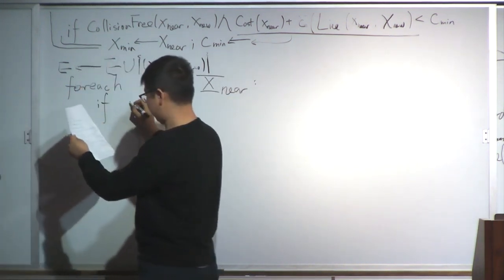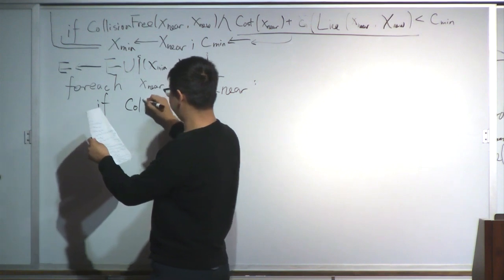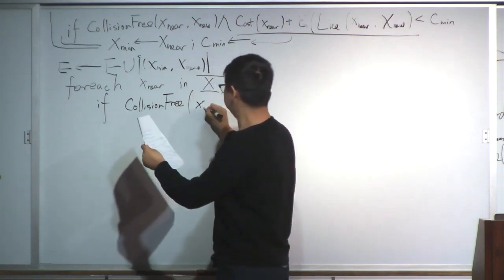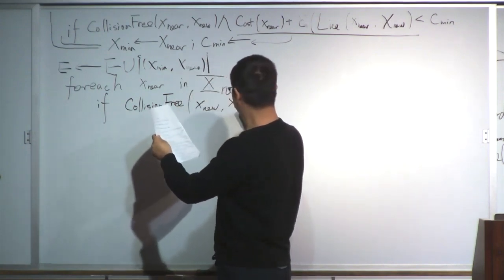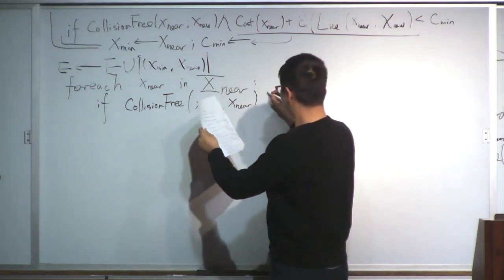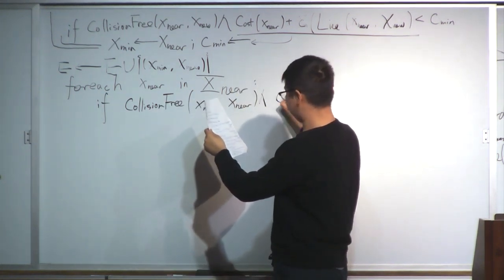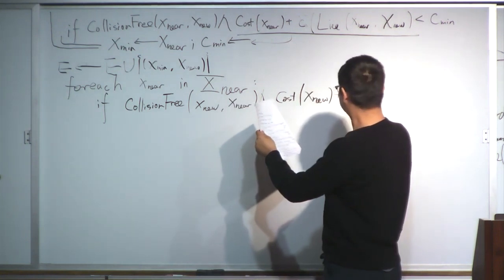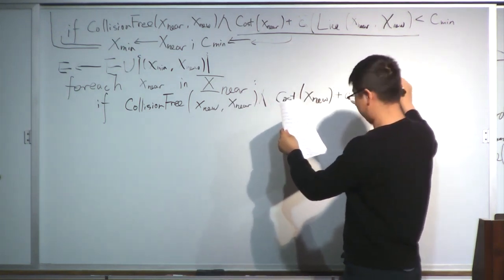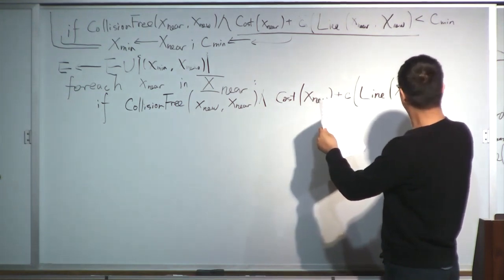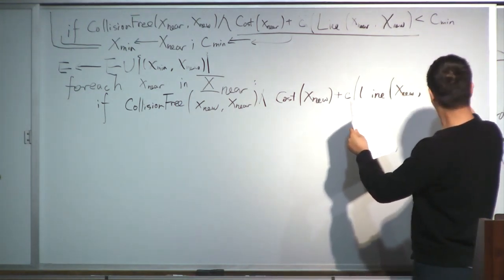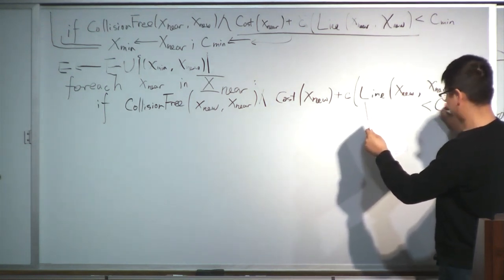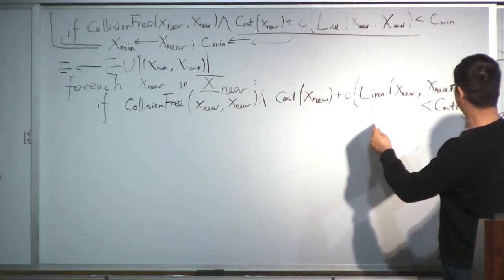If there is no collision free between x new to x near, and cost of x new plus cost of line x new, x near, sorry, is smaller than cost of x near.